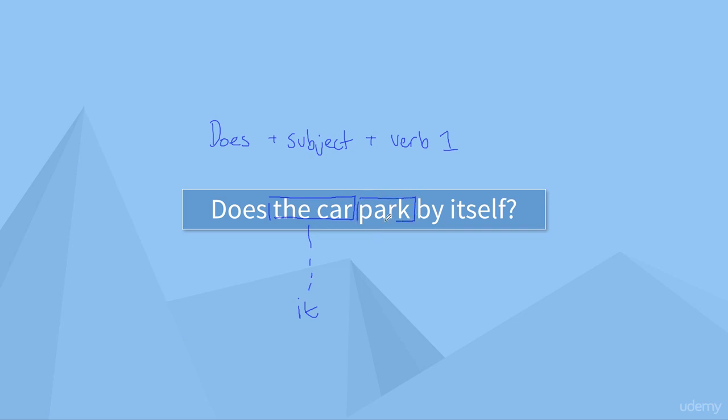And verb 1 is park, to park, not a play park, not a place with grass and greenery, but the verb to park. So does the car park by itself? Can we say do the car park? No, because the subject is it. So we need this S. Does the car park by itself?